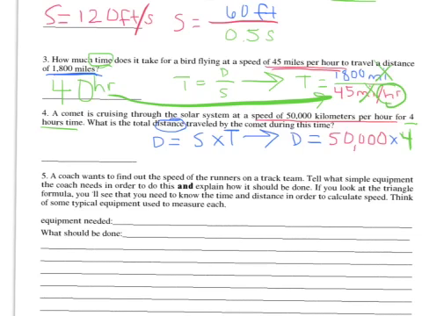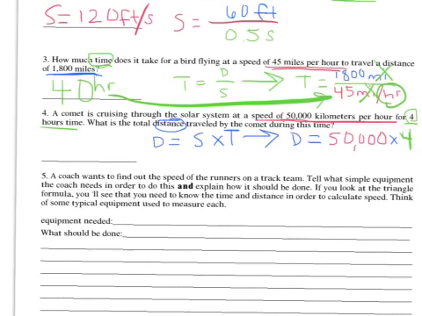Okay, I did not include the units here because I ran out of room. But if you looked at the pyramid, you saw D is on top and S and T are on the bottom. And basically what that says is D is equal to S times T. And if you plug in the numbers, S, speed, is, as it's given here, 50,000 kilometers per hour. For how much time?